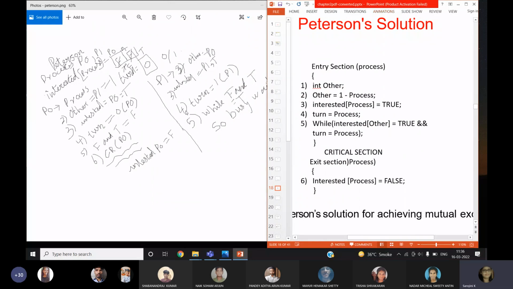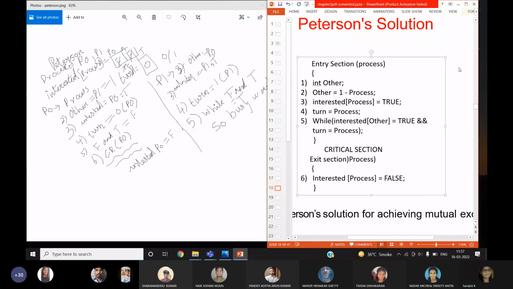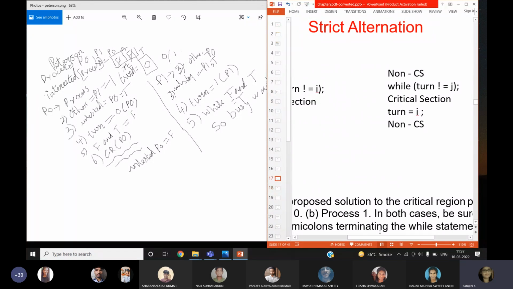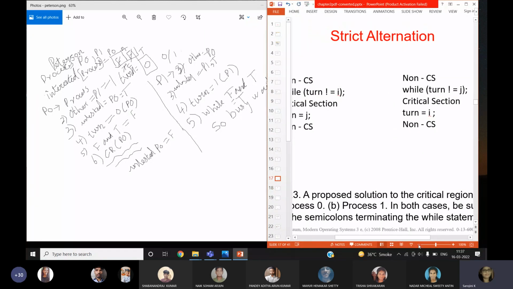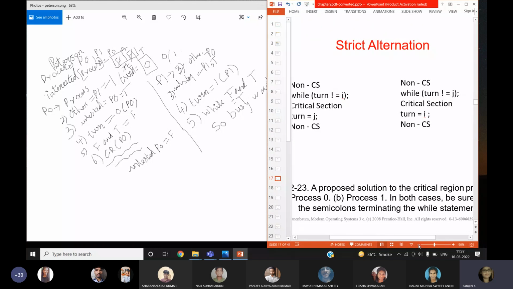Okay. Good morning, students. During the last lecture, we discussed the strict alternation method as a solution for mutual exclusion. In the strict alternation method, if you remember, we had two algorithms. Both the algorithms are executed by two different processes.